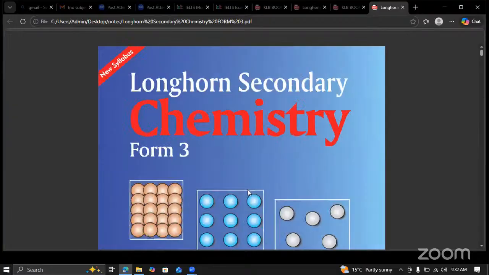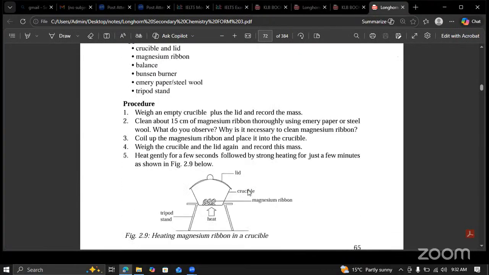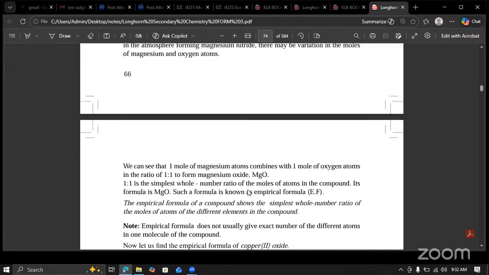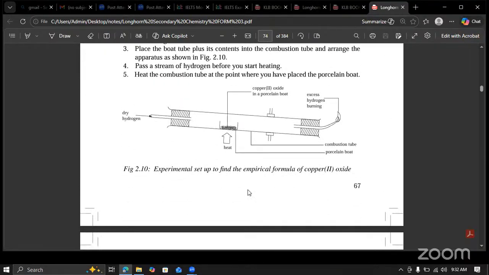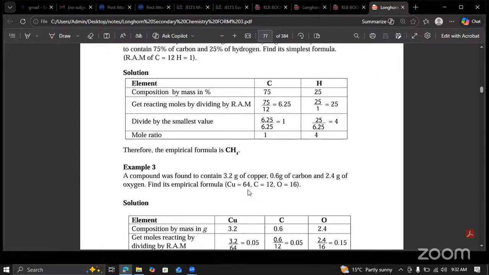I'm trying to check if we can see the same. I'm changing the book. We are no longer using the KLB. I was going to the long one. I don't know if you can see. Can you see the screen very well?